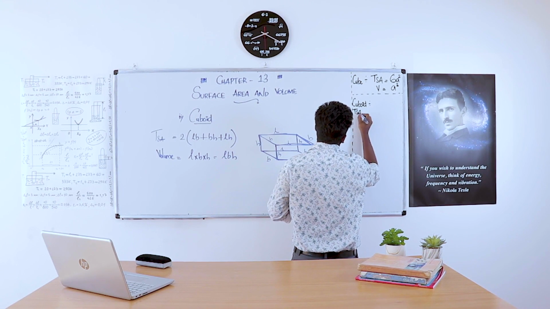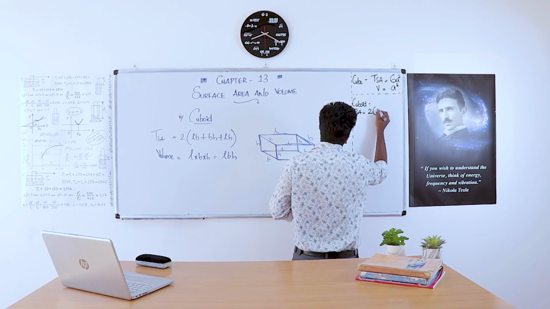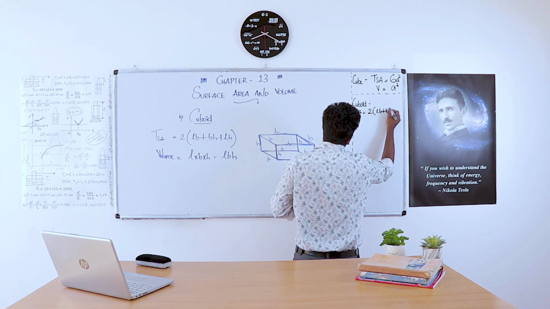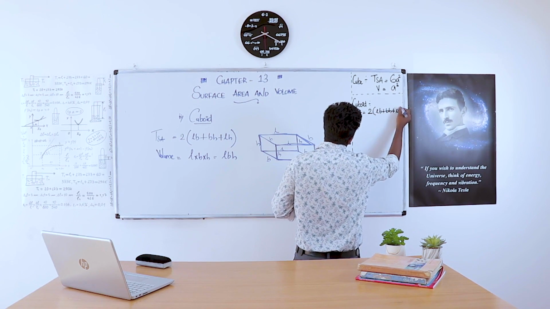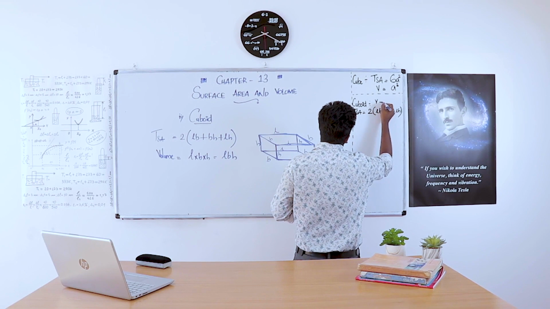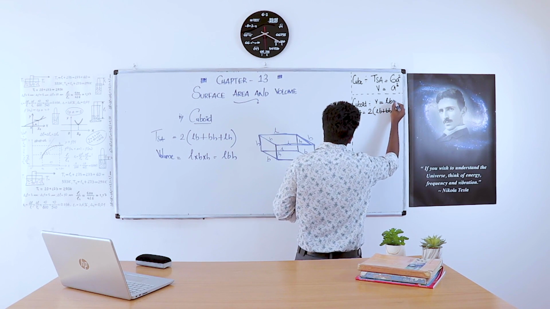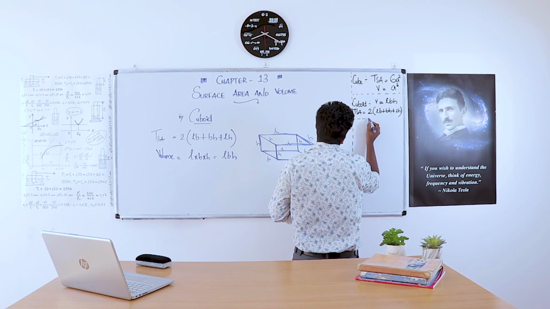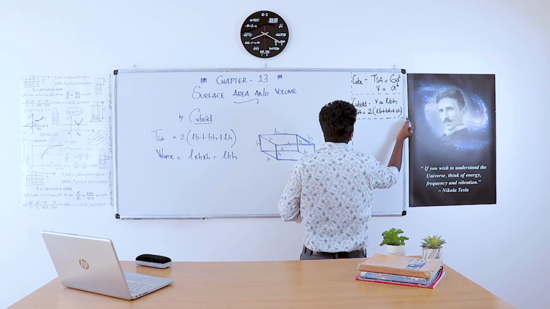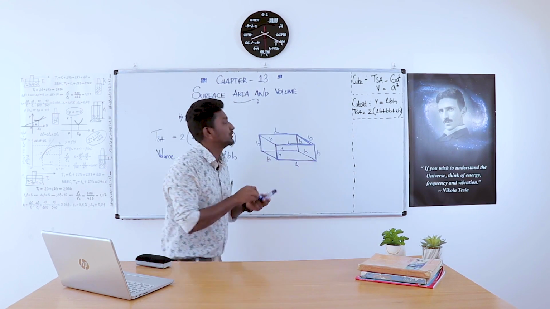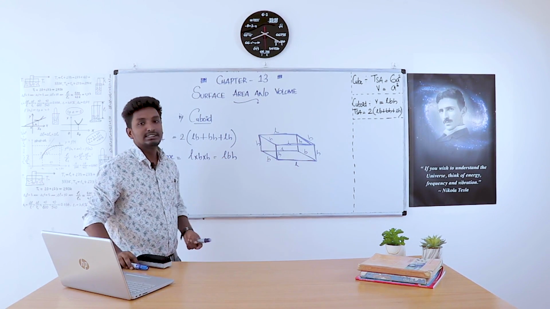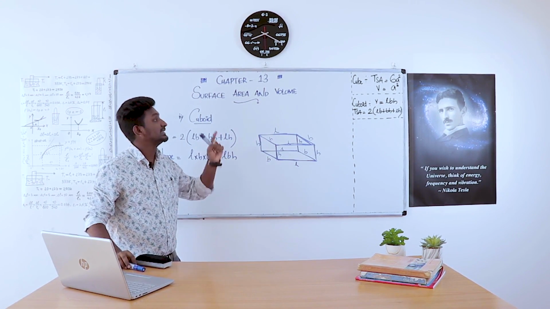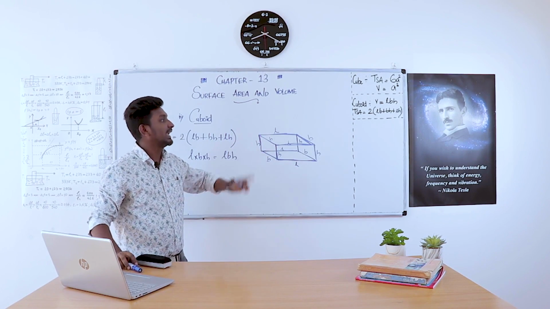Total surface area is equal to 2 into (LB plus BH plus LH). Then what is the volume? Volume is equal to length into breadth into height, that is LBH. This is the second figure. So now we completed two figures, cube and cuboid. What is the total surface area of a cube? It is 6a square. Volume is a cube.